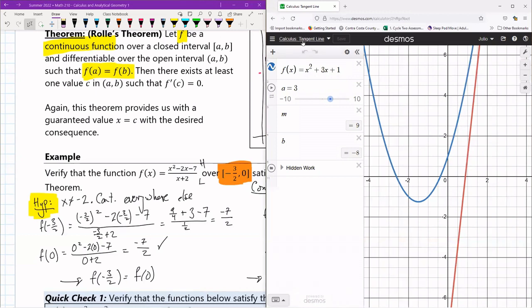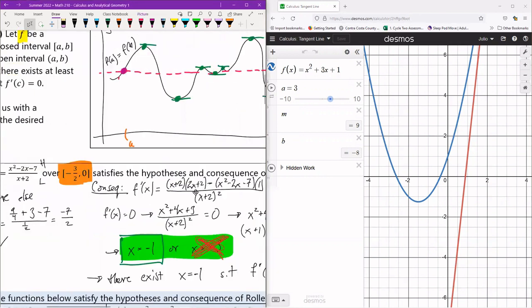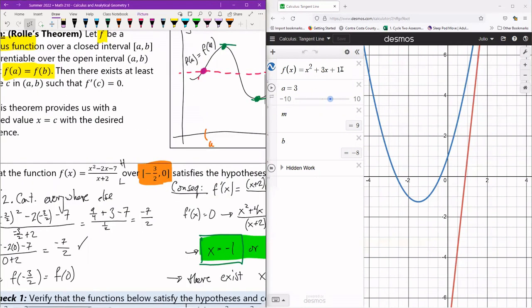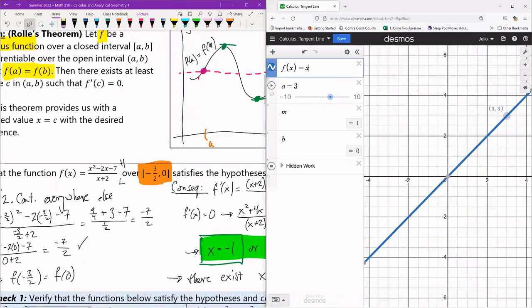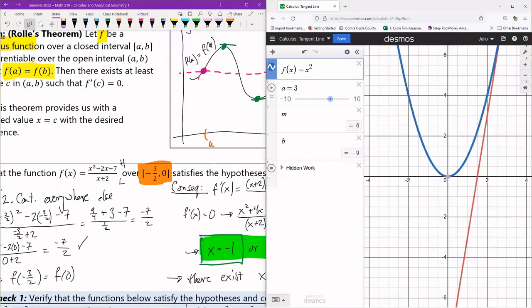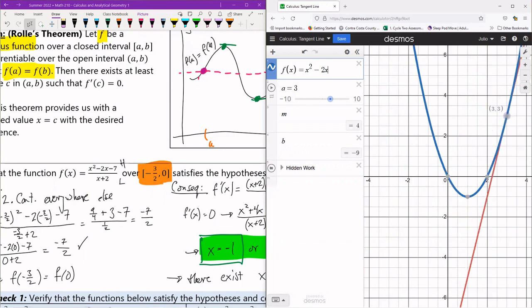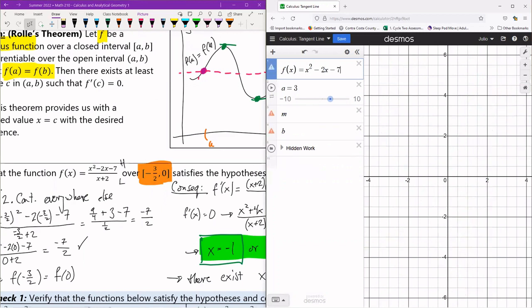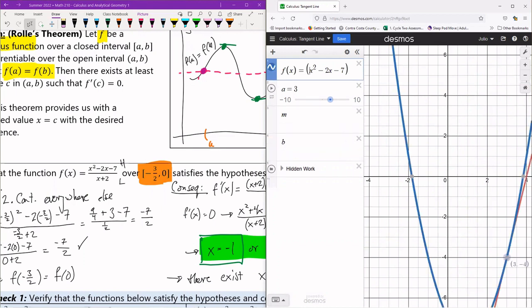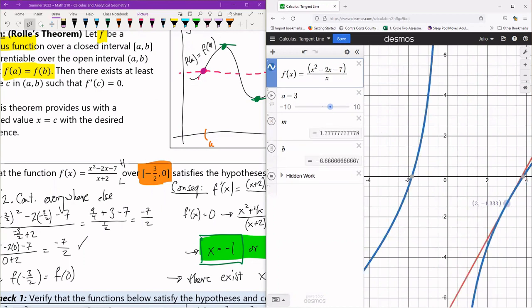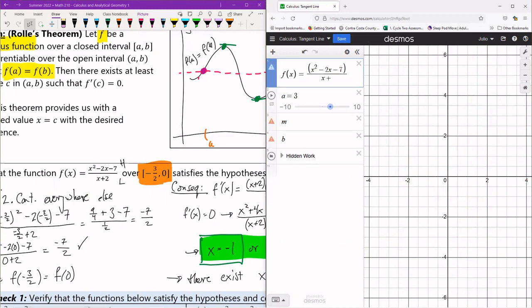I'm going to open up the tangent line calculator. I'm going to put in my function, which is x squared minus 2x minus 7, divided by x plus 2.